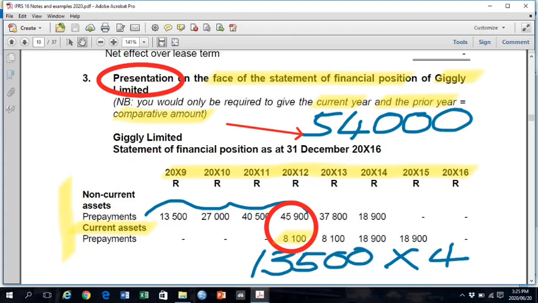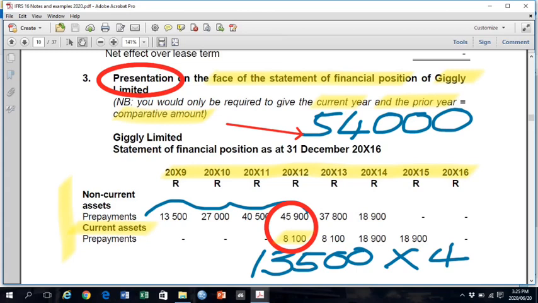Let's now apply that same principle to my prepaid lease expense. At the end of year 4, at the end of 20x12, the total balance on the prepaid lease expense is 54,000 Rand. You have created that balance by writing a journal entry for 4 years.